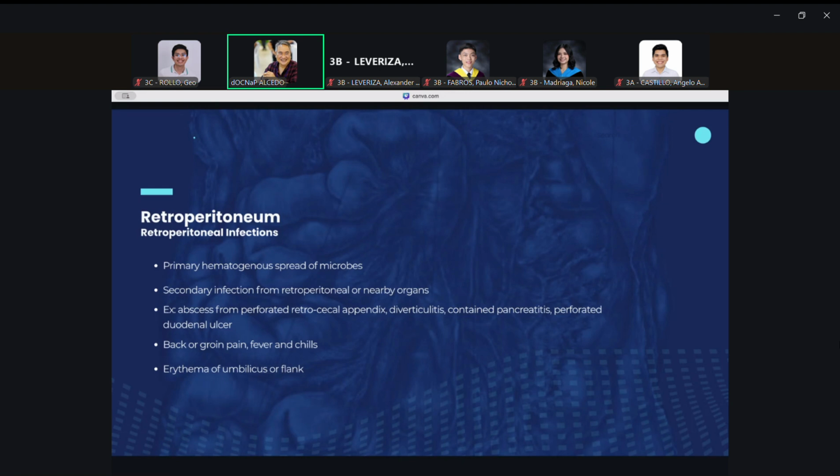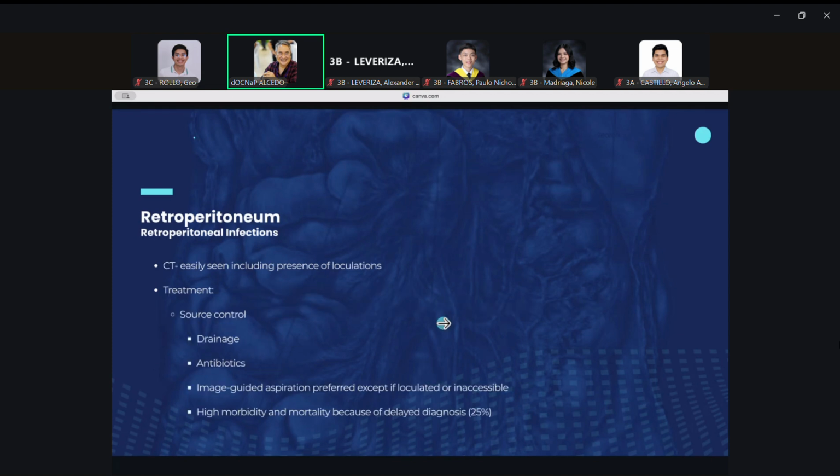No, so if you have a perforated diverticulum in the posterior wall of your ascending colon, then the infection can spread in the retroperitoneal space. Okay, and this will present with groin pains, fever, or chills, or even erythema of the umbilicus or of the flank, no? Which is similar to what you see if you have hemorrhagic pancreatitis, no? Your Cullen sign and your Grey Turner sign.